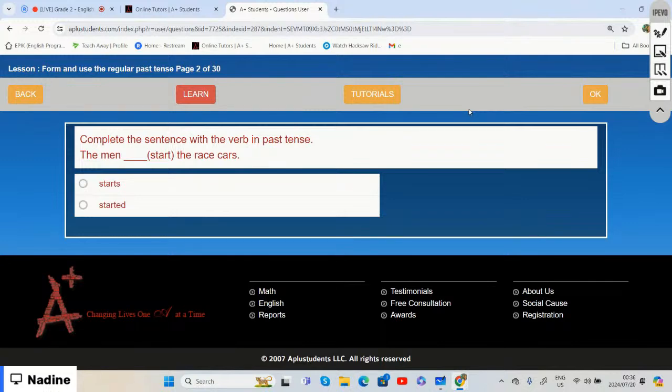We need to add either an ed or a d to that word to change the base form. So we then added an ed, and we see that the men started the race course.